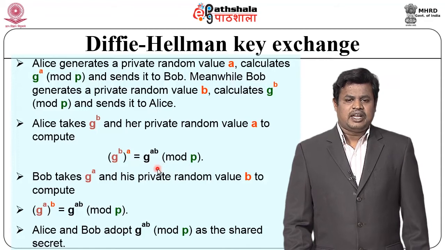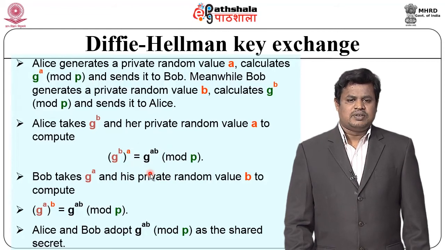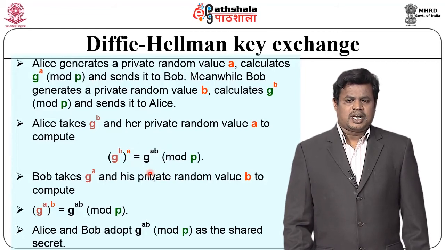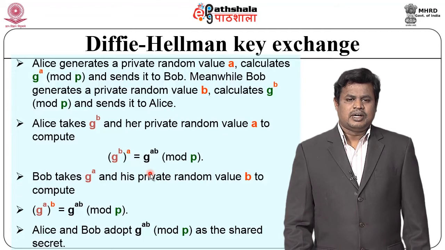So now this G power AB is the shared secret information, which is not actually sent via the transmission channel, but is computed at each end.